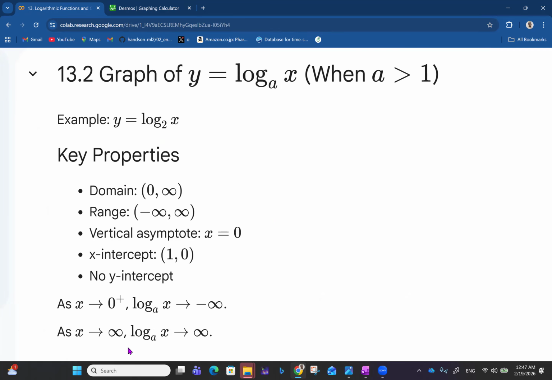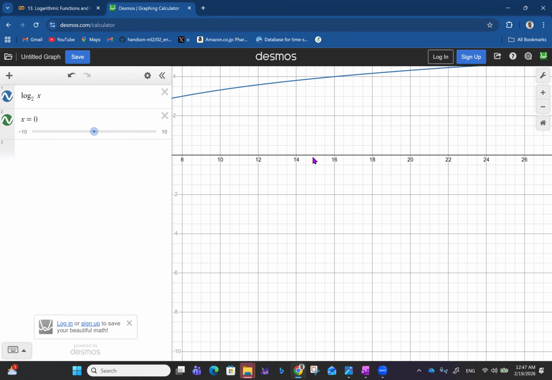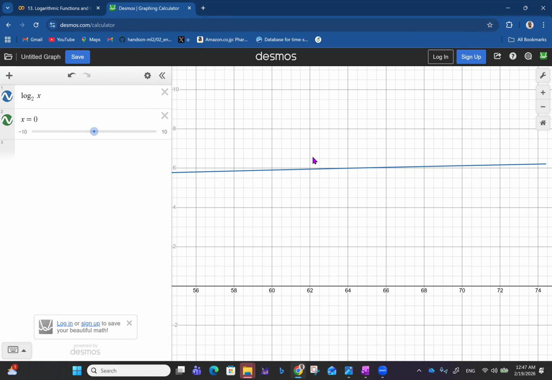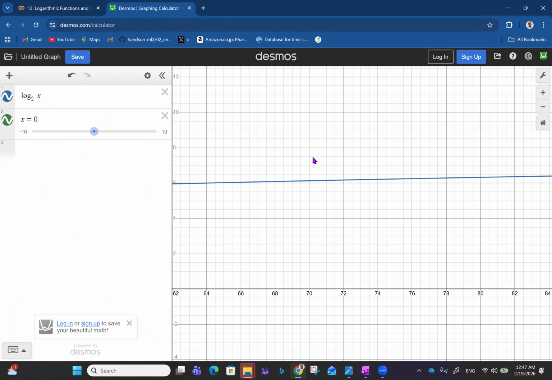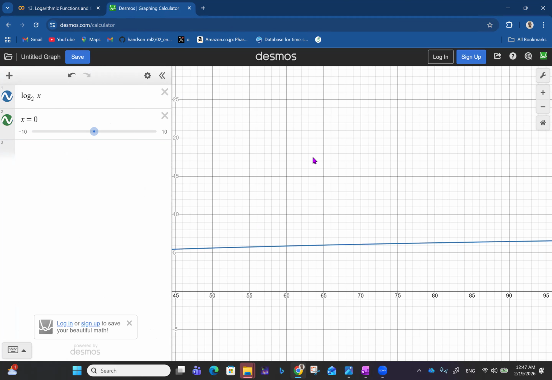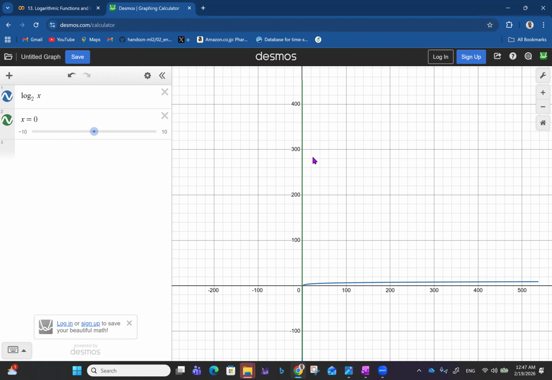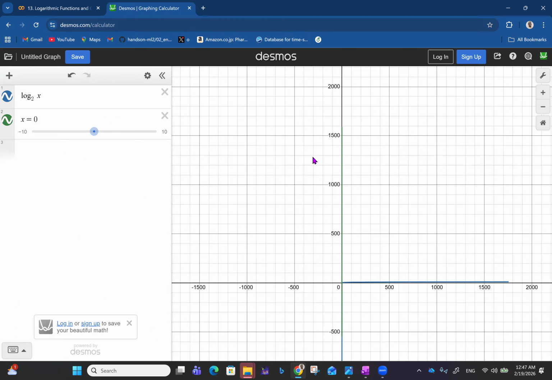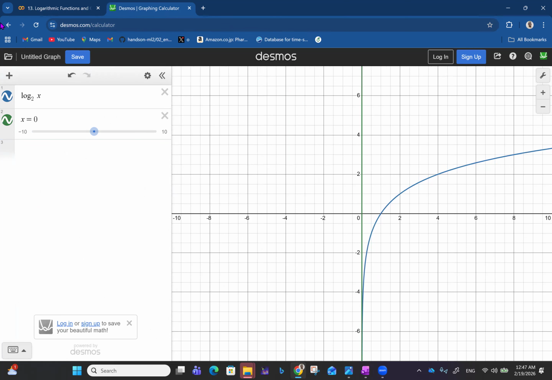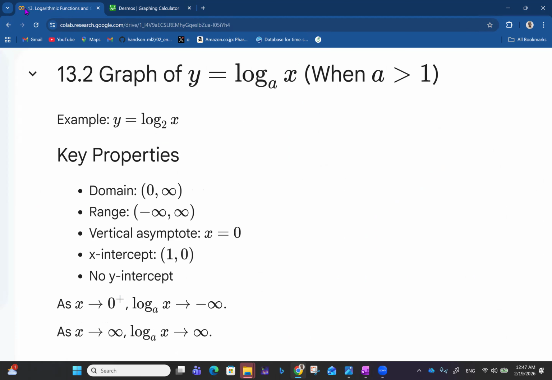Then as x approaches infinity, the function also approaches infinity, and that's what we have here. As x keeps going, the function keeps growing too. As you increase the values of x, the function keeps growing and growing, and it's not ending, it just keeps going on like that. So that's the meaning of that.